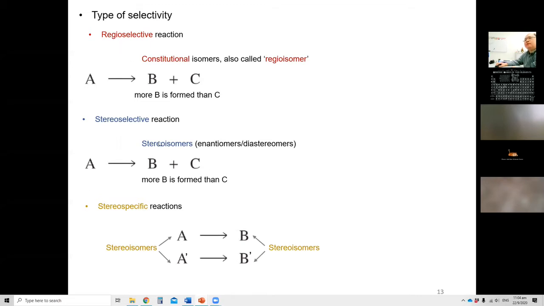If it generates two stereoisomers and one of them predominates, like B is more than C, then we say it's a stereoselective reaction. A stereospecific reaction is a reaction that converts one isomer to one isomer. Okay, so A and A prime are stereoisomers, B and B prime are stereoisomers, and A only generates B. A prime generates B prime. So that's what we call a stereospecific reaction.